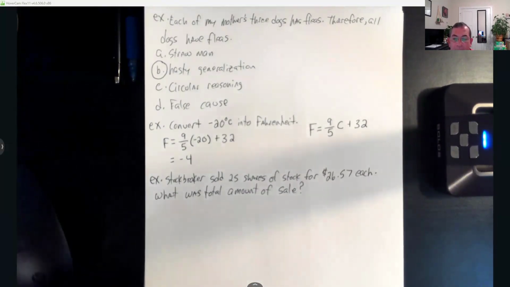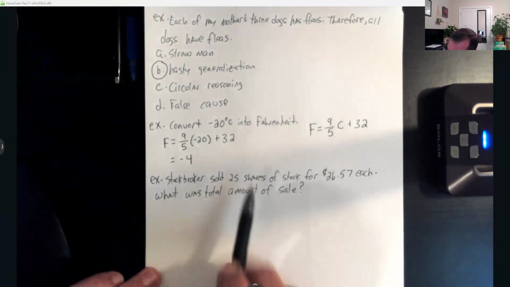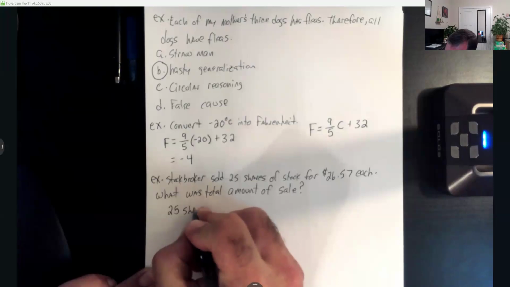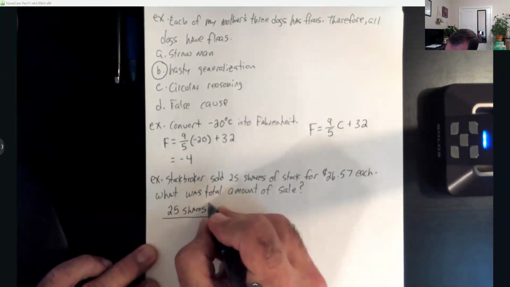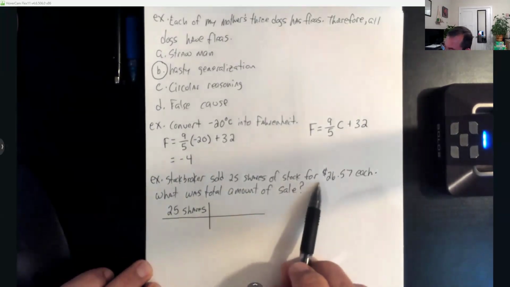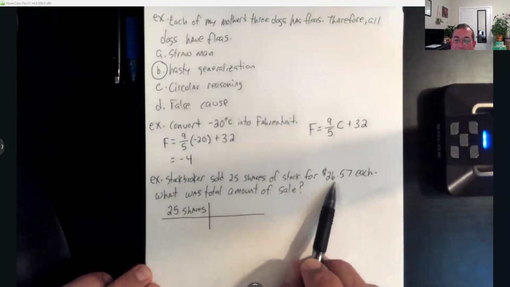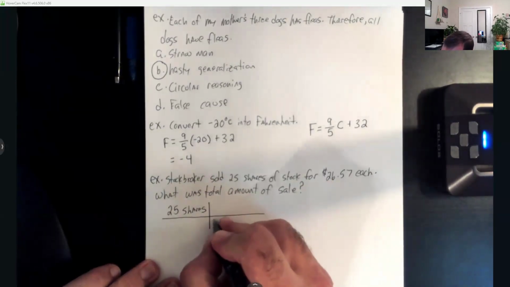All right, so what I do, we sold 25 shares, so we got 25 shares of stock. Now I know they sold for 26.57 for each share.